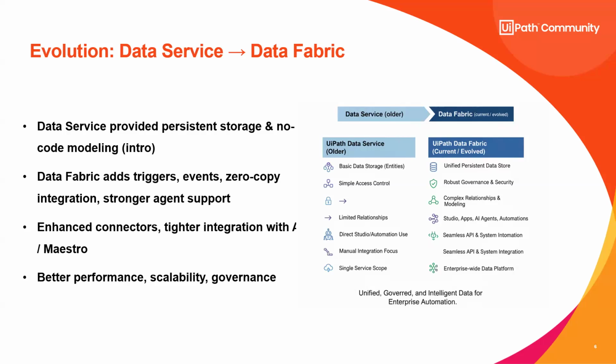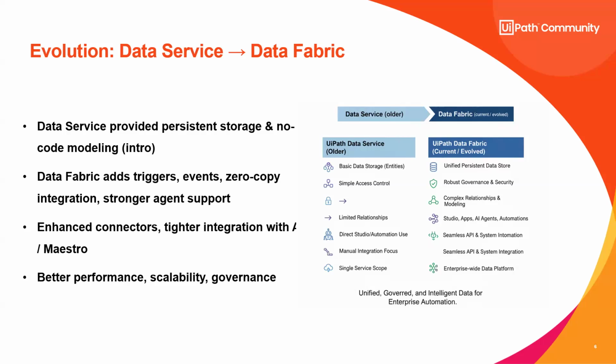So think of it like this. If data service was our filing cabinet, like a place to store and retrieve data, data fabric is our connected data engine. Like it doesn't just store data, it activates it. So what's new in data fabric? So first is trigger and events. Like it's a game changer.